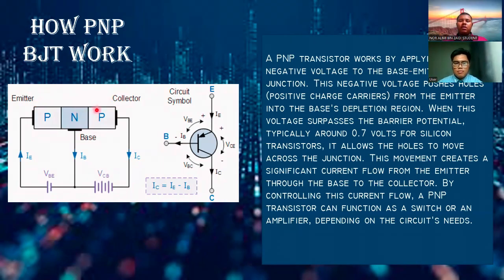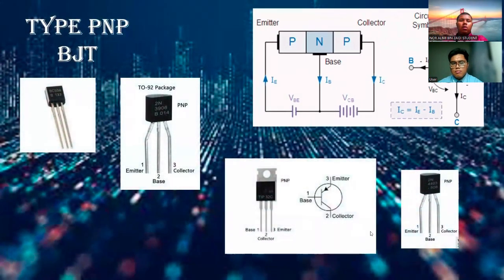This movement creates a significant current flow from the emitter through the base to the collector. By controlling this current flow, a PNP transistor can function as a switch or an amplifier depending on the circuit's needs.